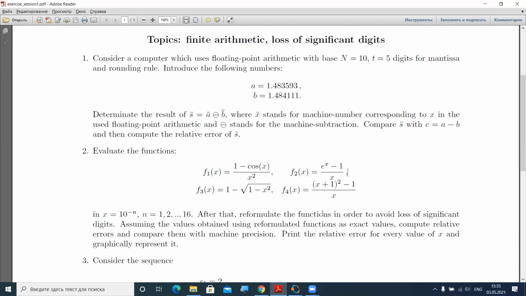Again, we changed our function, and that's why we have relative errors between them. They are algebraically equal, but in machine arithmetic they are not equal. You can see here the relative errors between them, and these errors play an important role.